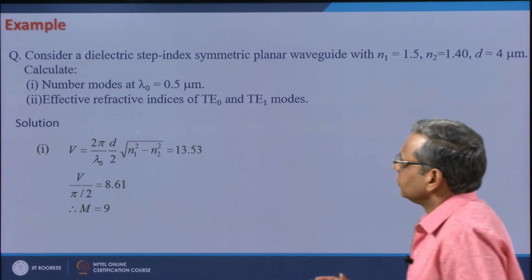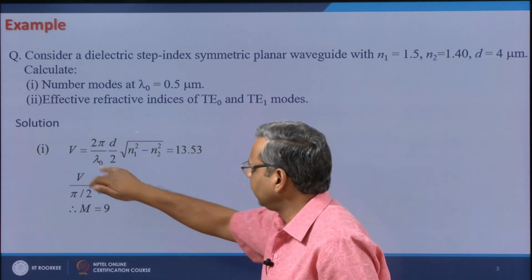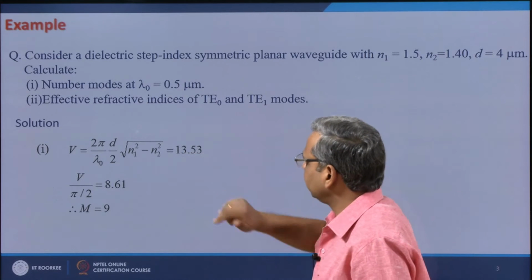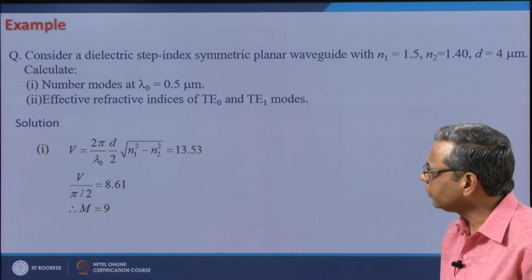So, again, to find out the number of modes, I find out the value of V, and it comes out to be 13.53 at lambda naught is equal to 0.5 micrometer.